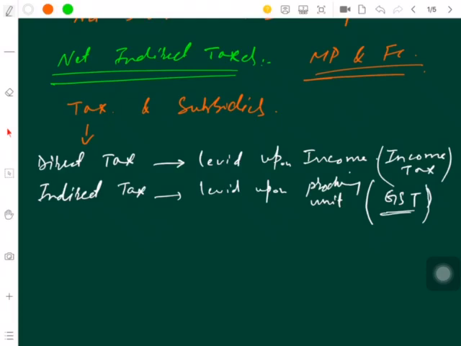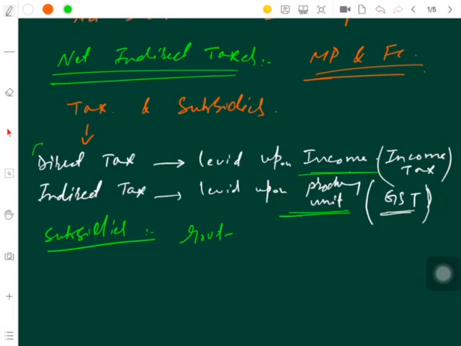But in contrary to it, subsidies are being paid by the government to these producing units or to the individuals as well. So subsidies are something which are being given by the government for doing nothing, against which you do not have to provide any good or service.